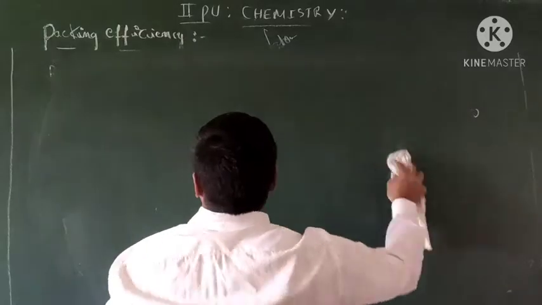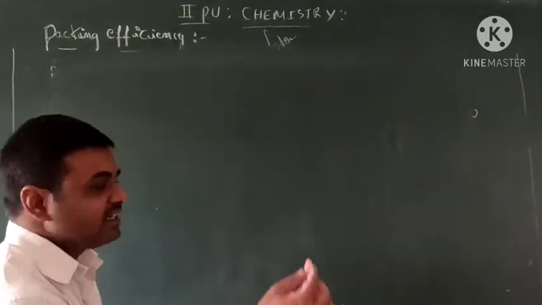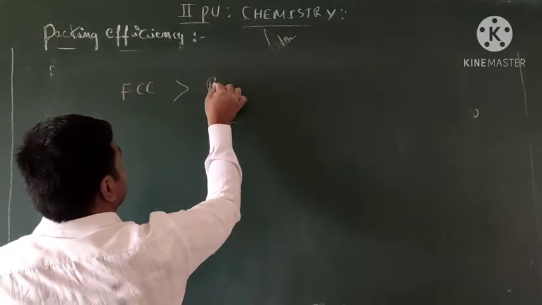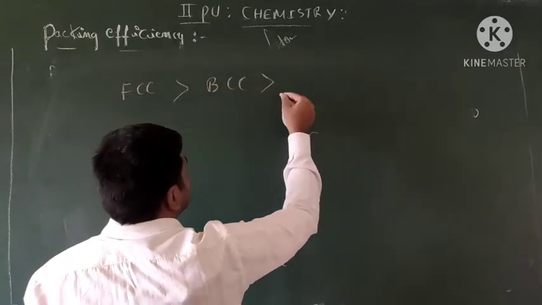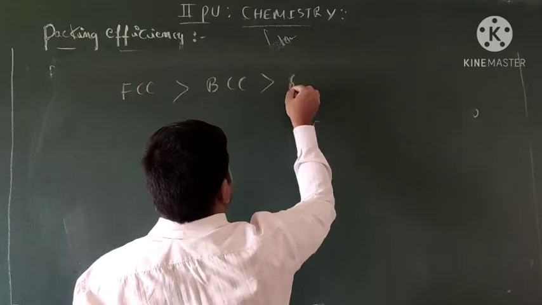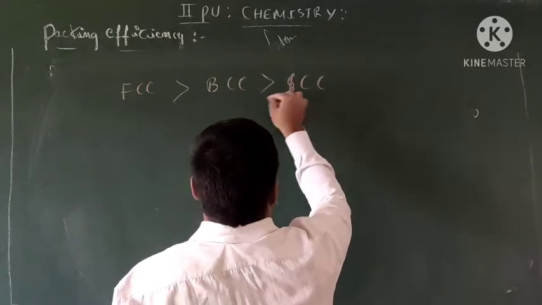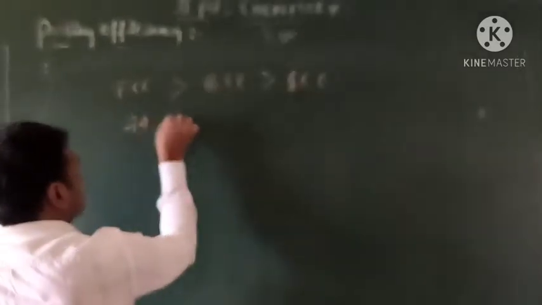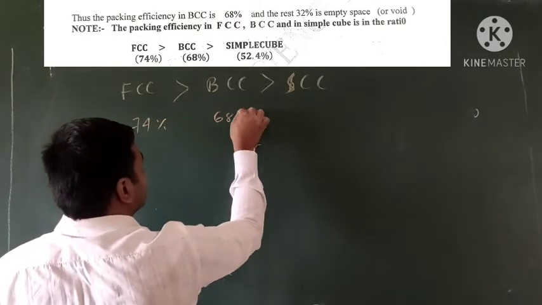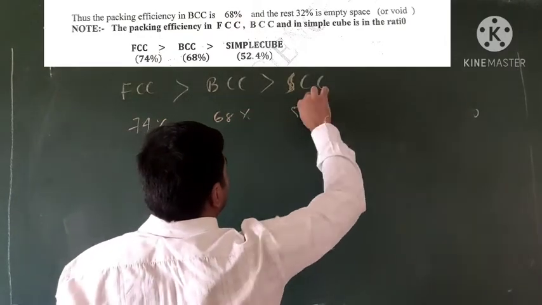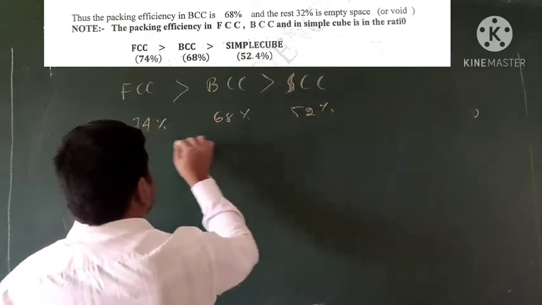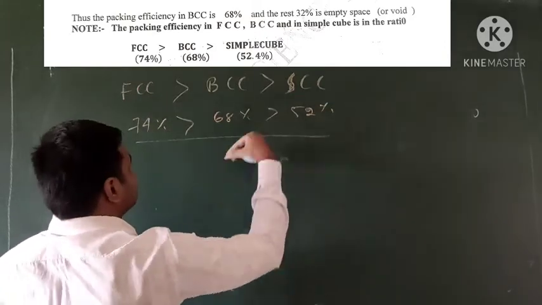Okay, students. Then for packing efficiency, you can write the relation: packing efficiency of FCC is greater than BCC, and this is greater than what? Simple cubic cell. How much is it? FCC is 74%, BCC is 68%, and simple cubic is 52%. Okay. This is about packing efficiency.